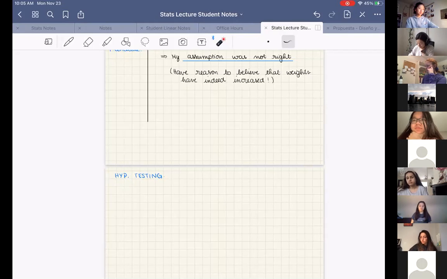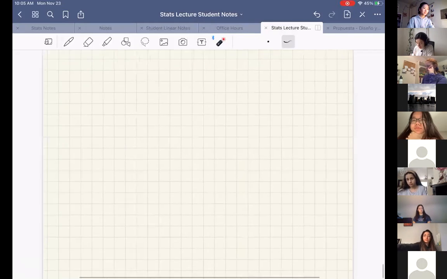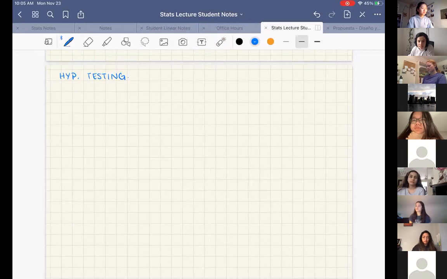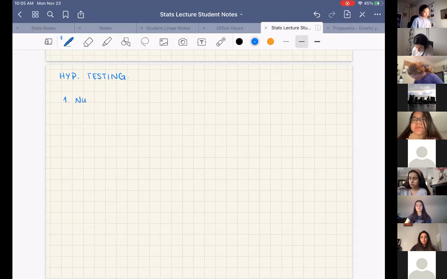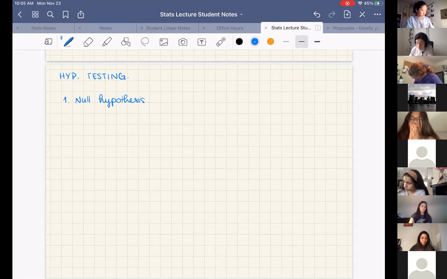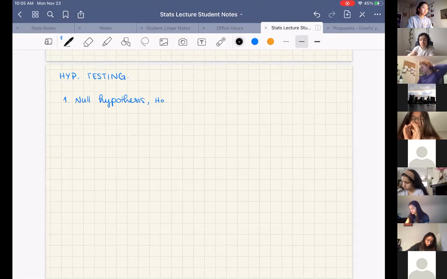All right, so hypothesis testing, we said has 7 steps. So the first thing that we have to do when we are conducting a hypothesis test is to state the null hypothesis. Okay, so the null hypothesis is denoted by H naught, or H0, which is hypothesis 0, which is essentially the thing that we are going to assume to be true, and then we're going to seek evidence to disprove, right?